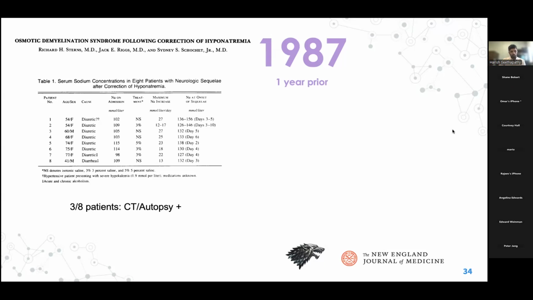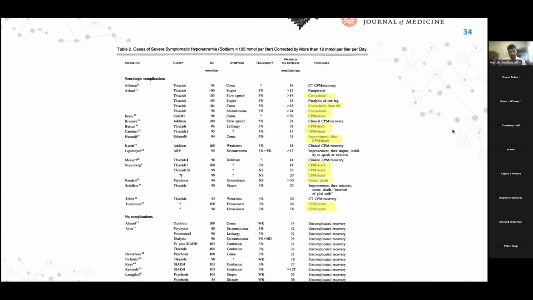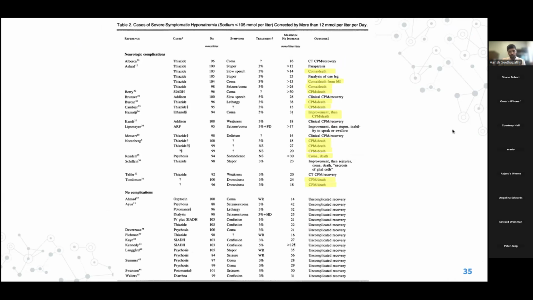So they said they found 8 patients in whom they thought that the overcorrection or correction of the sodium actually led to this syndrome called osmotic demyelination syndrome. And then they compared that with everybody else who'd come before. These are historical cases where they could get their hands on sodium levels and what the correction would have been.